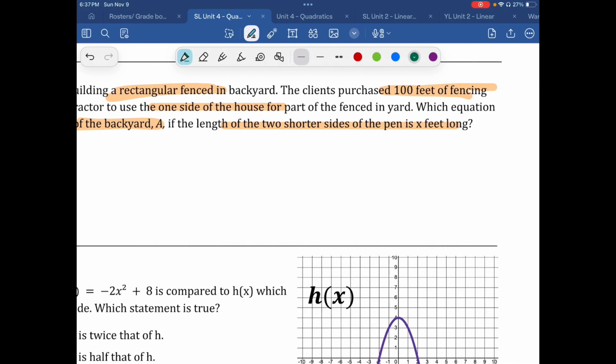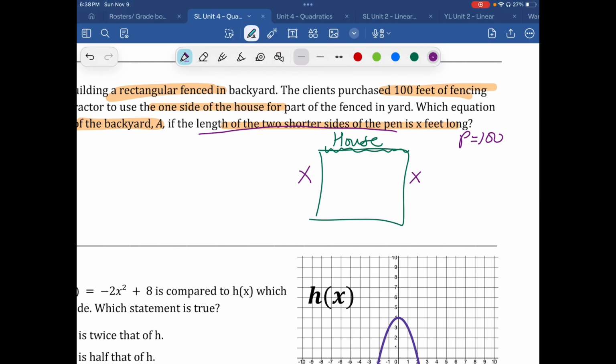This is just like a problem we had in our notes. I'm going to draw a little picture. Here is my house, so we're not going to have a fence here. The problem tells me he only bought 100 feet of fencing, so that's our perimeter. It also tells me the length of the two shorter sides is x. I'll make this x and this x.